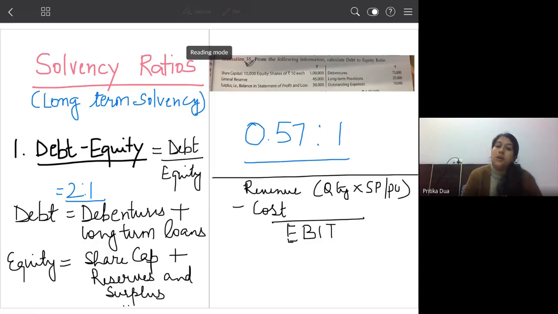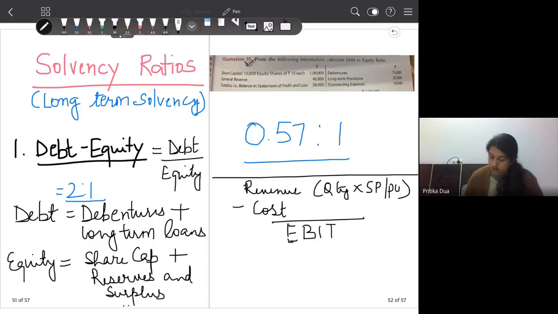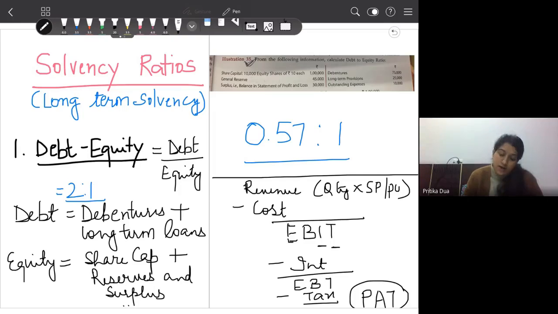Okay, now what is the benefit of debt in your capital is that, let's go in sequence. Earnings before interest and taxes, first you subtract interest and after that you subtract tax. This means that because of interest your tax payment reduces. It is at this stage that you get your profit after tax.